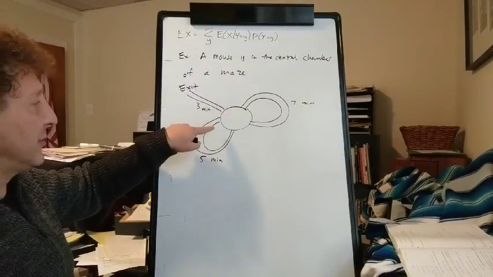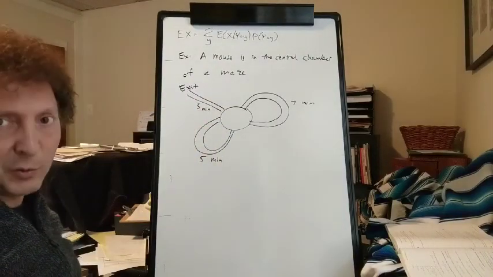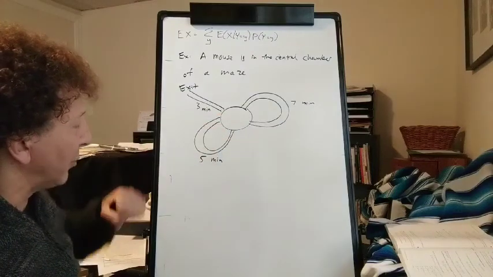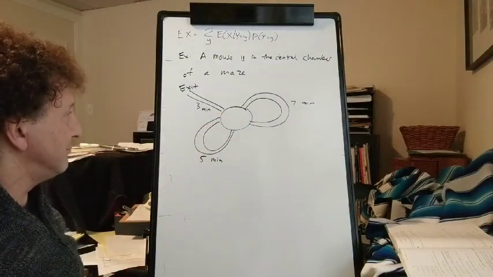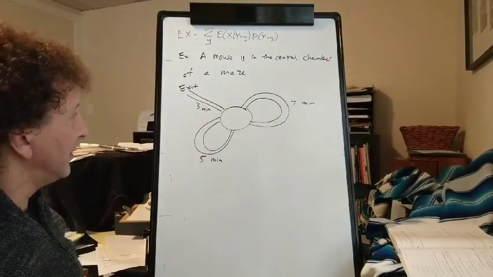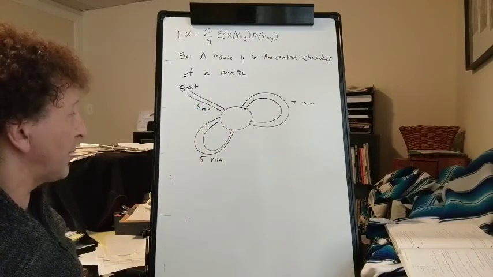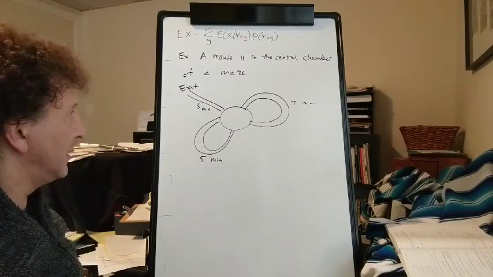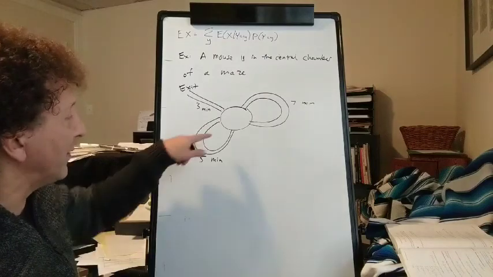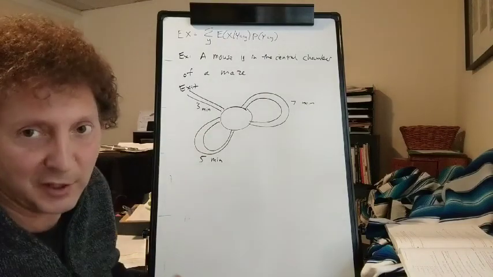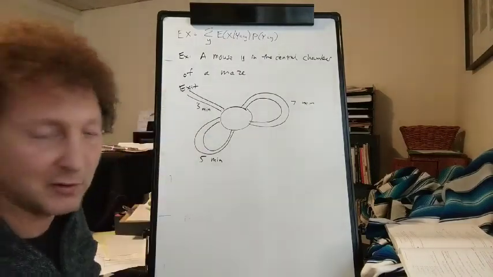And the entrances to these chambers are all indistinguishable. So when the mouse gets back to the starting point, it just chooses one of the 5 doors with probability 1/5 each. And for simplicity, let's say including the one that he just came out of, which is silly. A human being wouldn't do that, but let's say the mouse doesn't know any better.